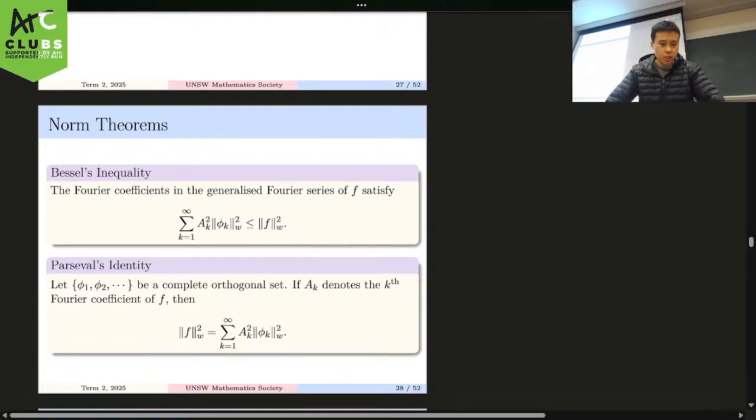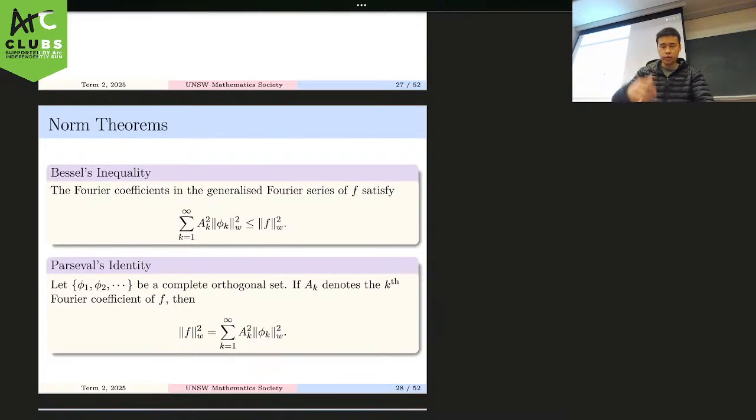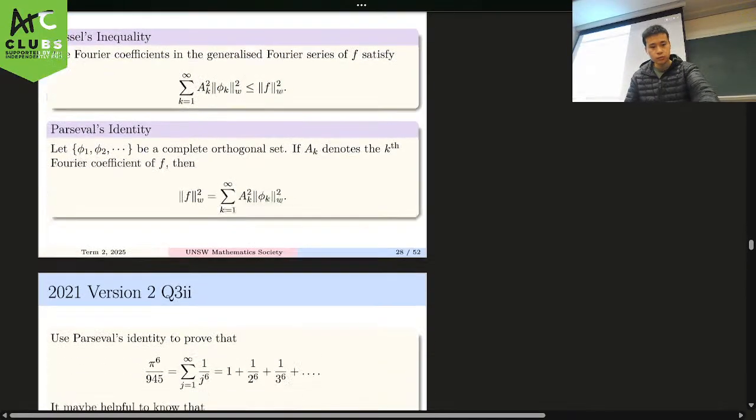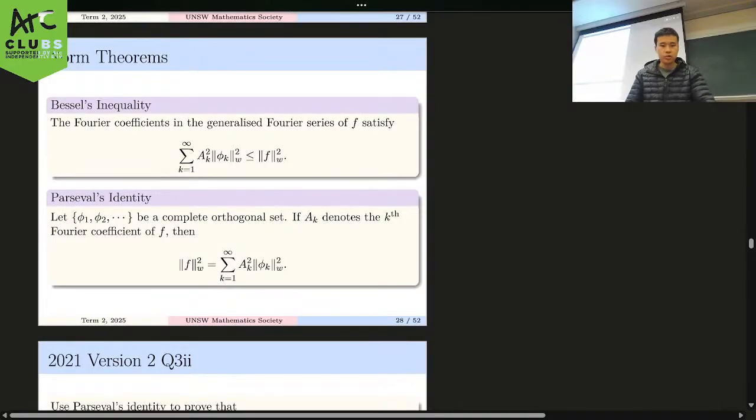Here we can get a bunch of inequalities and identities from the Fourier coefficients. The square of the coefficient, multiplied by the norm of the orthogonal functions, is bounded by the norm squared of our function. That's Bessel's inequality. It's just bounded.